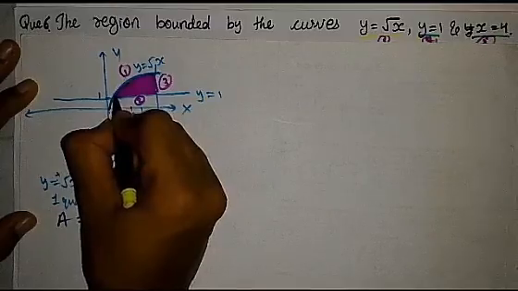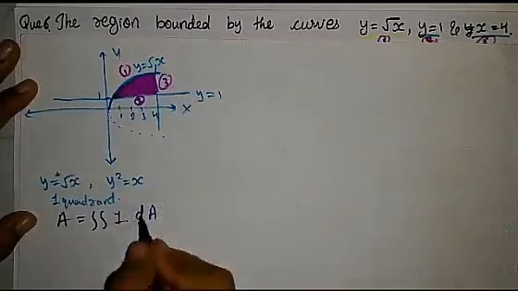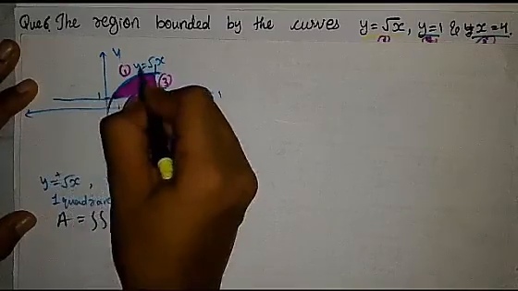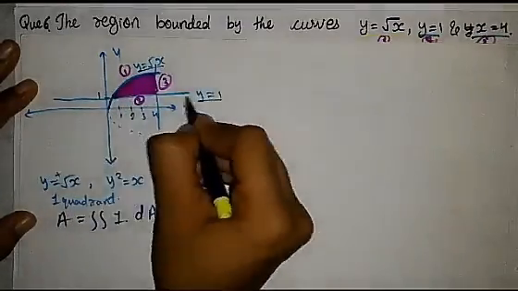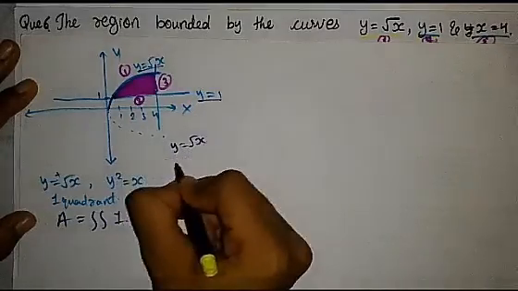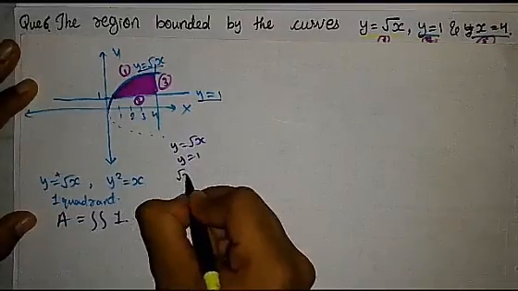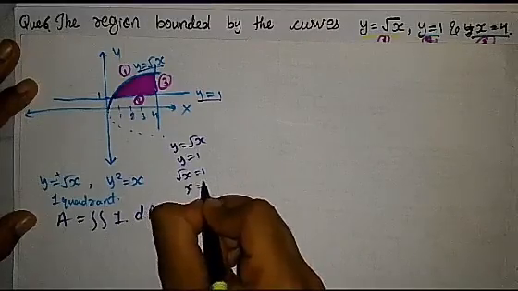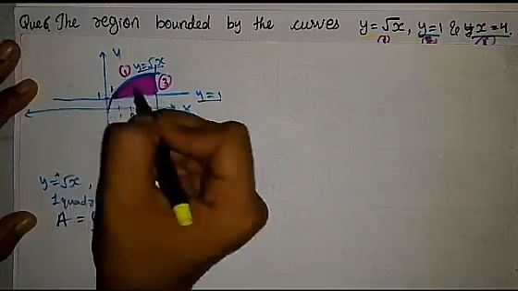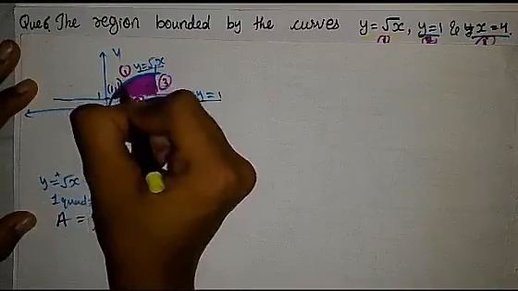Now let's know this point, because this will be useful in solving further problem. Here we can see that y is equal to root x and y is equal to 1 are intersecting here. So let's equate both the terms. Y is equal to root x, y is equal to 1. When we equate, we get root x is equal to 1. So x is equal to 1 square, that is equal to 1. So we get x is equal to 1. Here x is 1 and y is also 1.